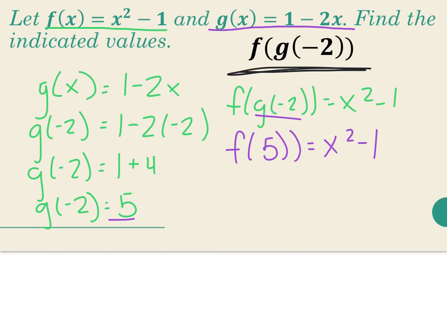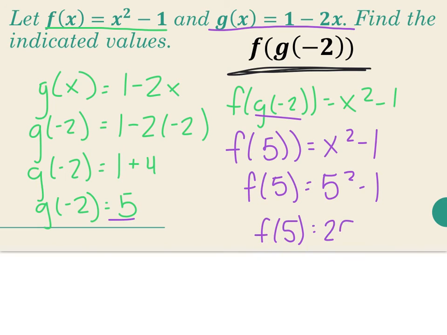And remember, this is really x, so I need to plug x in, or 5 in for the x over here. So f of 5 is equal to 5 squared minus 1. F of 5 is equal to 25 minus 1. So f of 5 is equal to 24. And so we just figured out that whole thing.